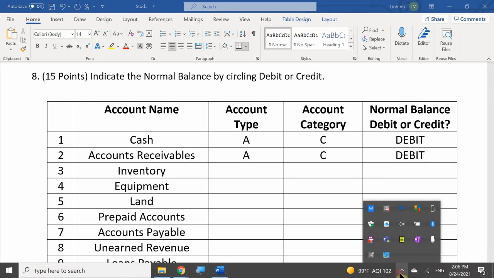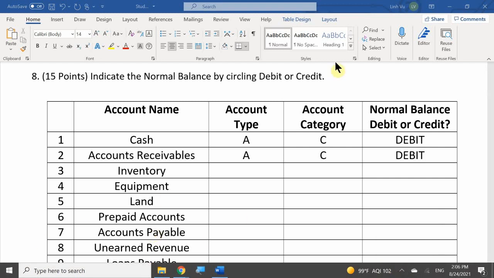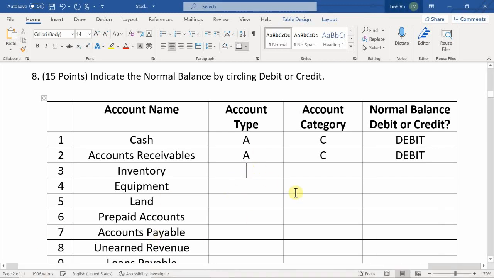What is inventory? It's an asset. It is an asset. Good. Now, what kind of asset?